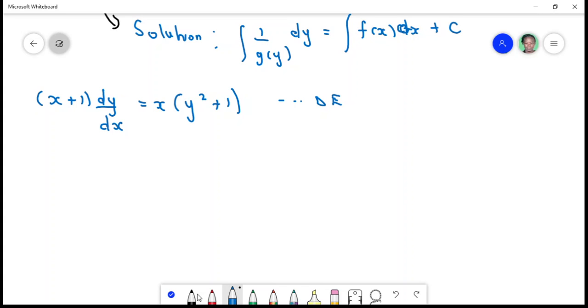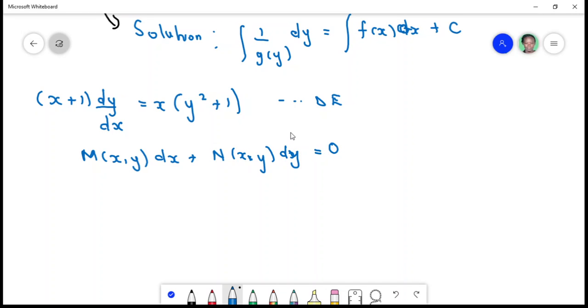We want to write it in the form M of x, y dx plus N of x, y dy equal to 0.